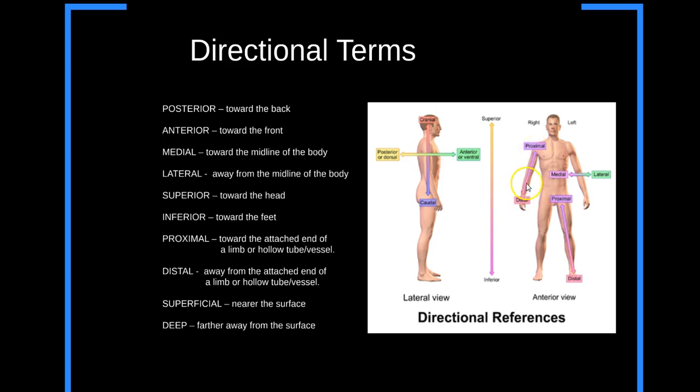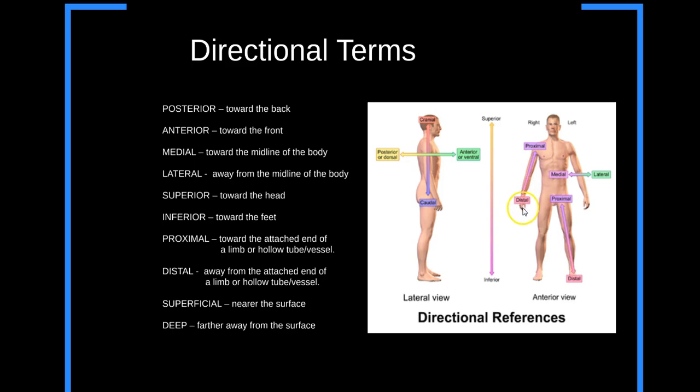So we'll use some examples here. The first one we could say is if we were comparing the elbow and we wanted to know where it was in relation to the bicep, then we would say that the elbow is distal to the bicep because the belly of the bicep here sits closer to the shoulder, the proximal attachment point, than does the elbow. So the elbow would be distal to the biceps.